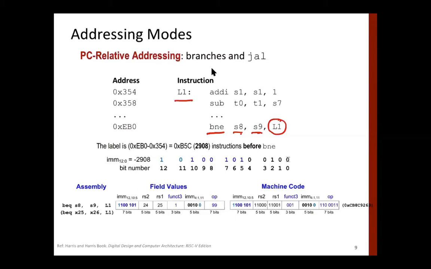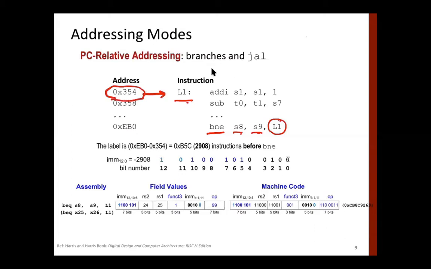Now this label L1 is not something that will go to machine instruction. What the assembler will do is that there's a concept of a symbol table, where it will know where L1 is.